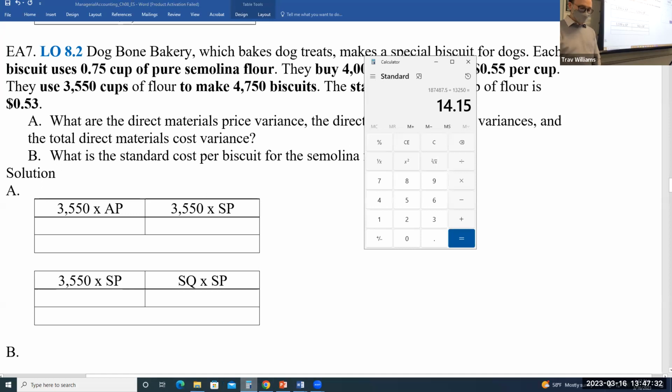So 4,750 units times 0.75 cups per unit. So the standard would be 3,562.50.